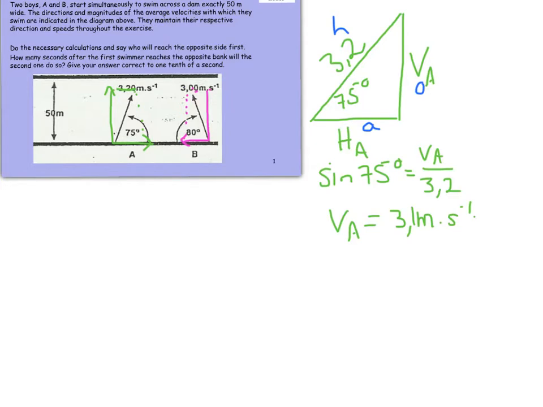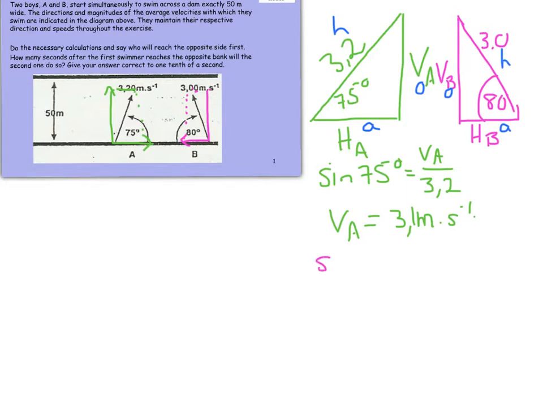Taking a look at the second diagram, I've got 3,0 and complete the diagram around that. My horizontal of B, my vertical of B, and 80 degrees in this angle over here. Again, labeling my opposite, my adjacent, and my hypotenuse.